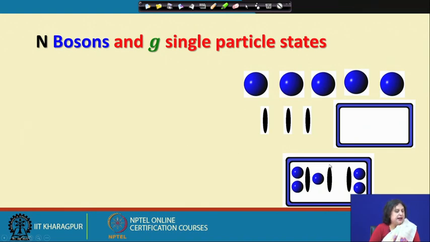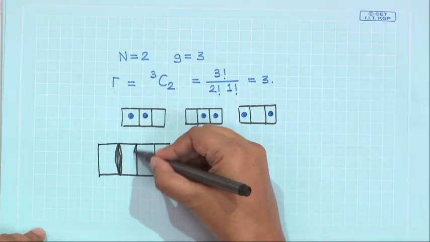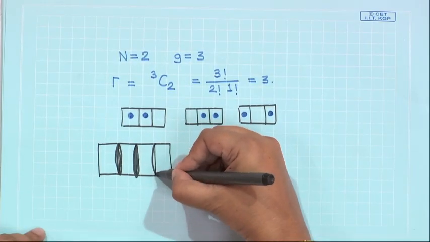As you see, I have subdivided this big box into 1, 2, 3, 4 compartments, so 3 pellets give me 4 compartments. This reminds you of the situation that we had to start with, that I have this big box and I am placing separators here in the form of the pellets.